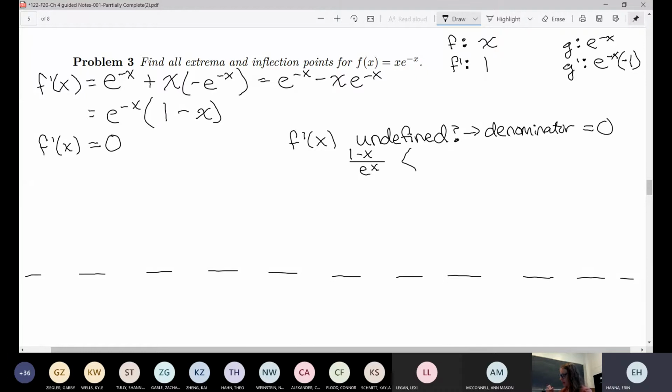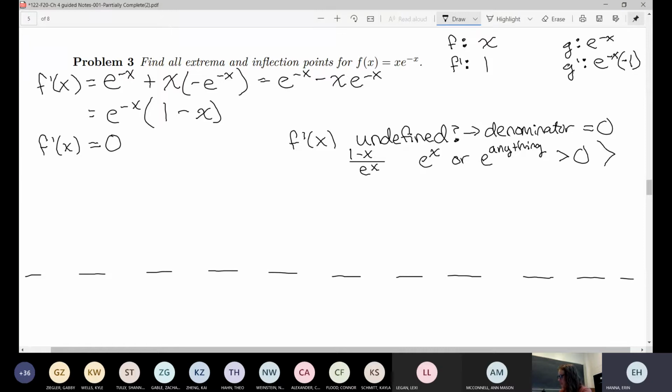But one super nice thing about e to the x, or e to the anything: I don't care what that thing is, it can be absolutely anything, as long as there's not a negative in the front, that's different. But e to the anything is always greater than 0.